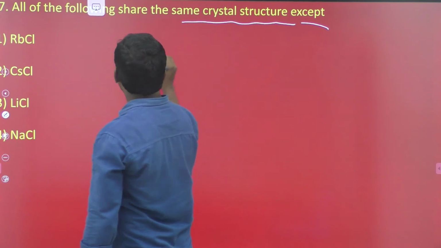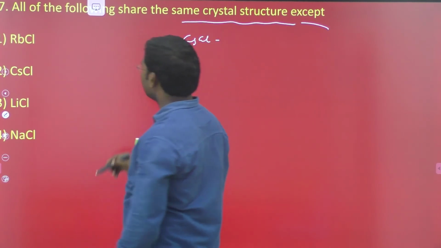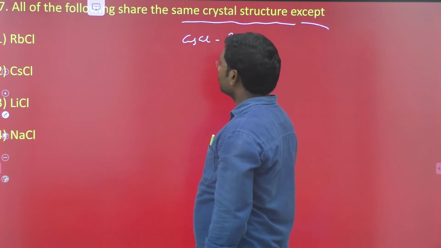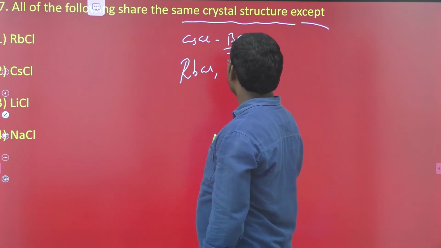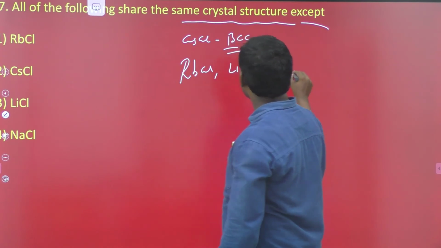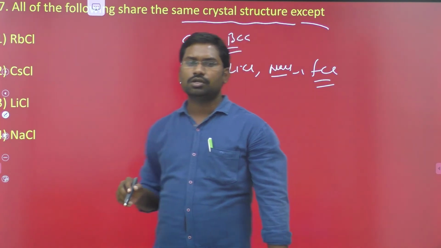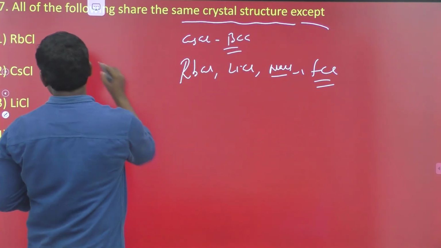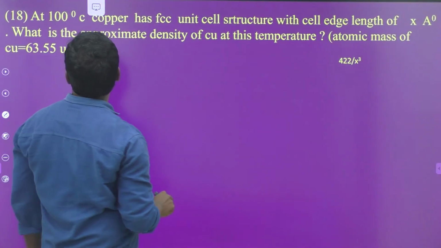Among these four, cesium chloride, CsCl, has BCC structure, body centered cubic structure, and the remaining rubidium chloride, lithium chloride and finally sodium chloride, these three have face centered cubic structure, FCC.